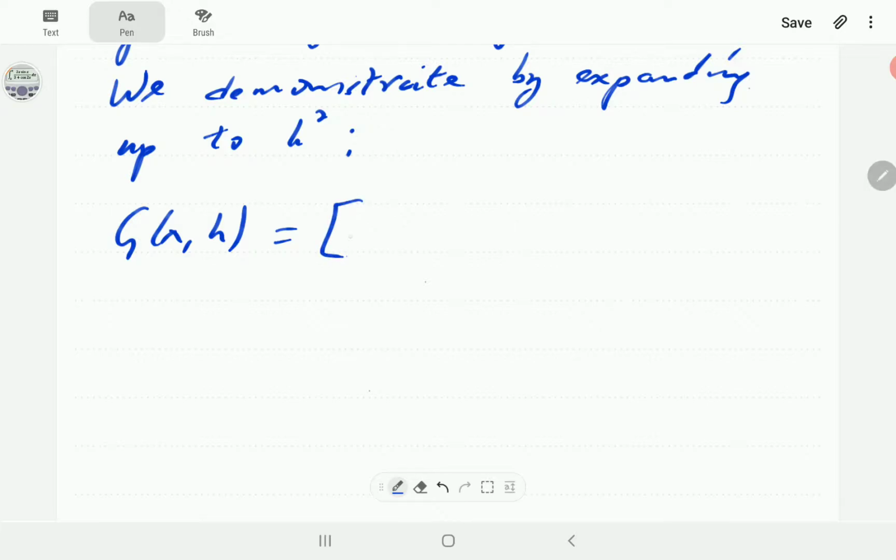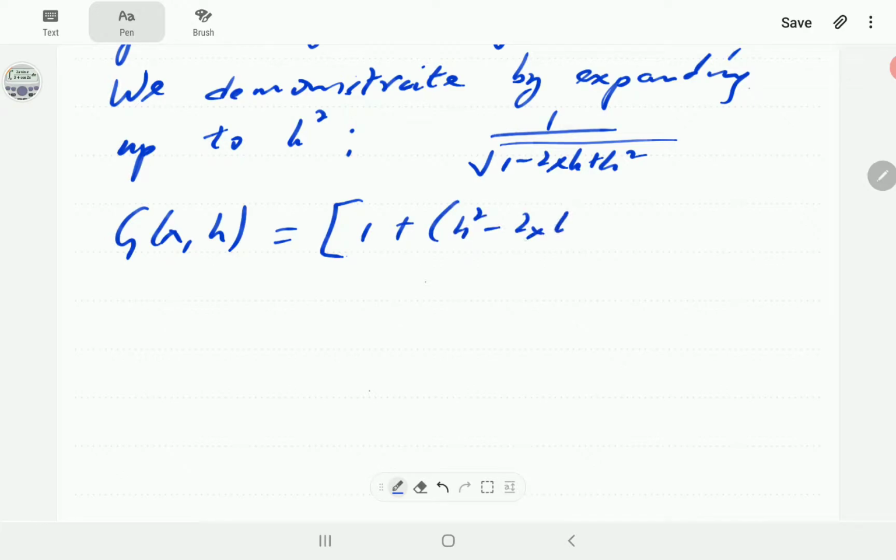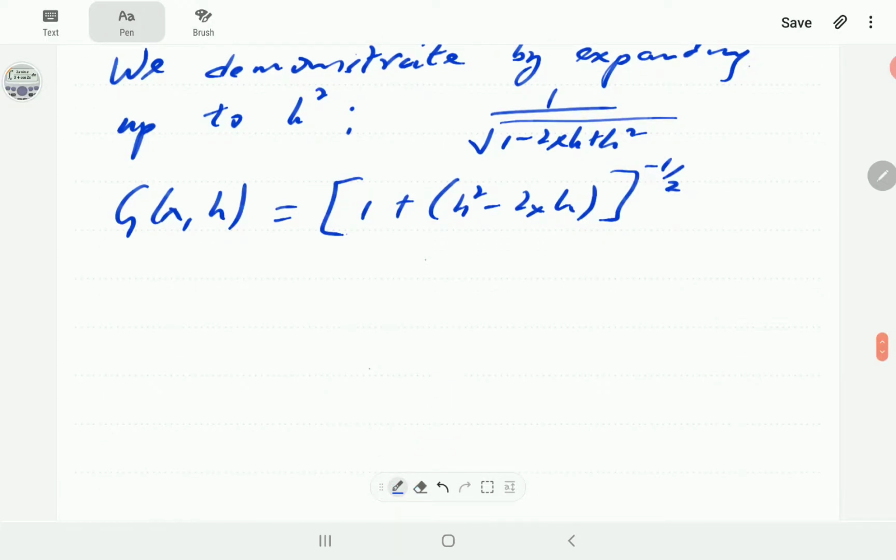Okay, so g of x, h is 1 over square root 1 minus 2xh plus h squared. We're going to rearrange this and write it as 1 plus h squared minus 2xh to the power negative 1/2. So this is going to be our first term, this is going to be our second term.